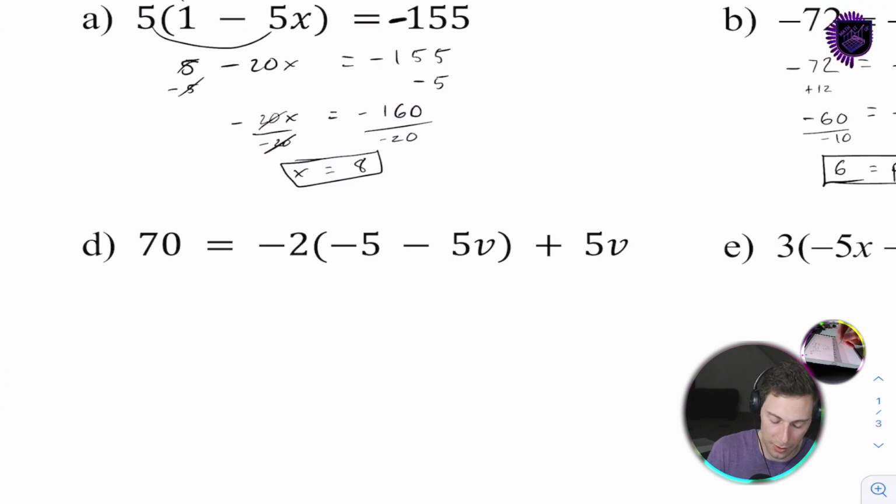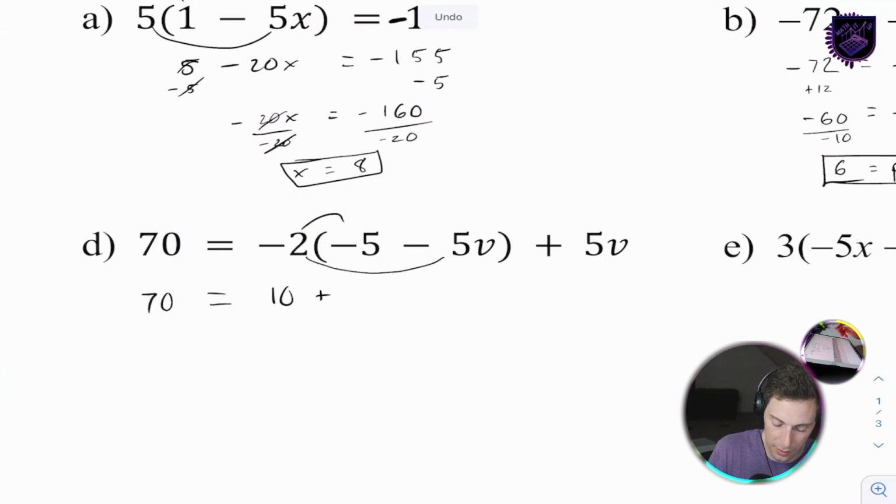Distributive property. 70 is equal to negative 2 times negative 5, which is positive 10, and plus 5v, plus 10v plus 5v. 70 is equal to 10 plus 15v.